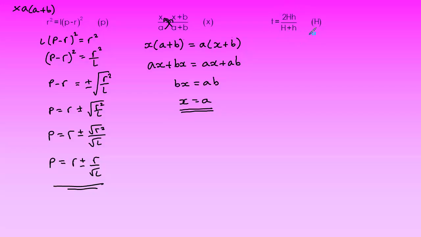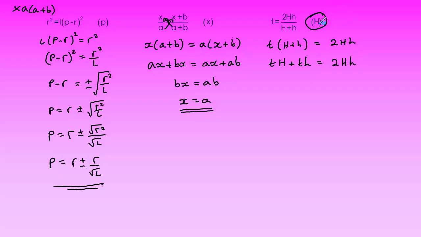Now we want to find capital H in this one. So multiplying both sides by H plus h gives us t. H plus h is equal to 2Hh. Expanding the bracket, we get t capital H plus t small h is 2Hh.